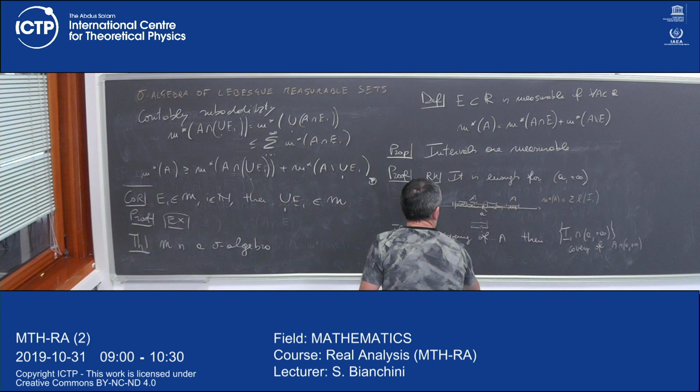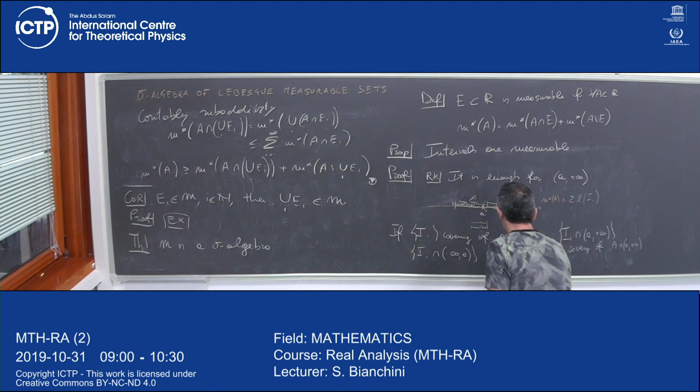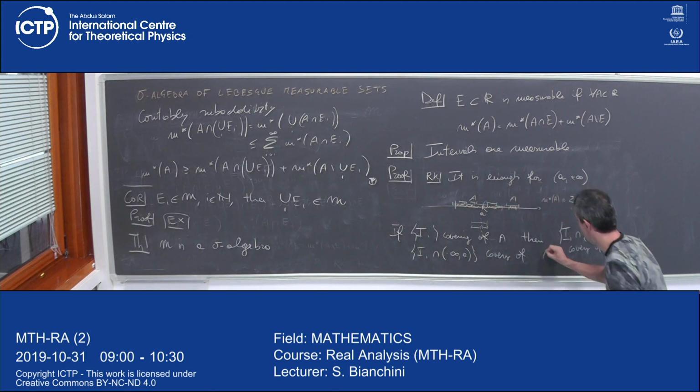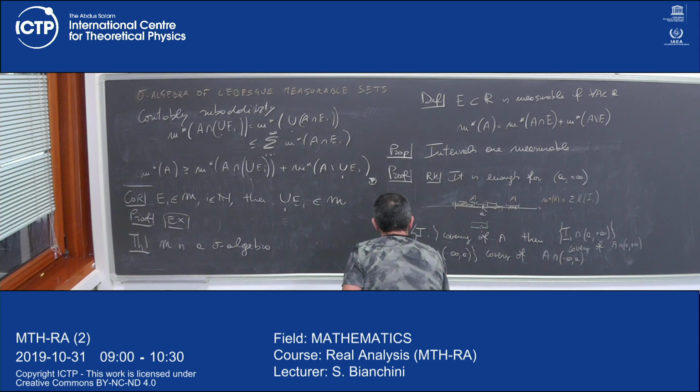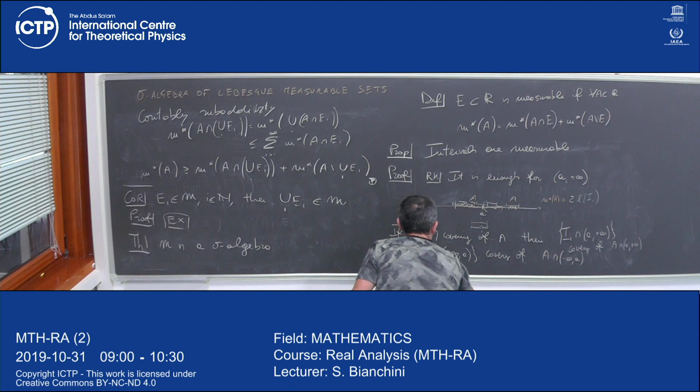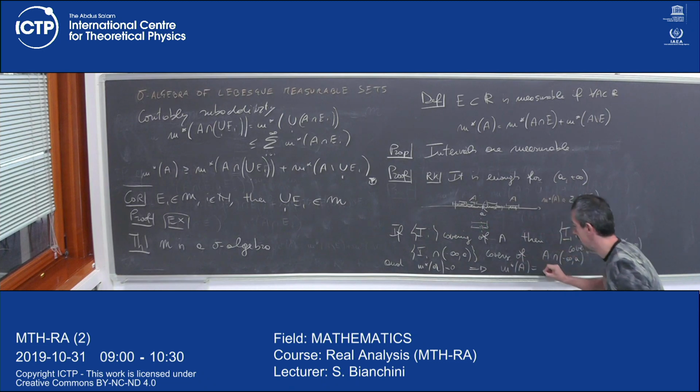I intersection (minus infinity, a) is a covering of A intersection (minus infinity, a). And so I get that. And {a} is measurable, and M star of {a} equal to 0 implies M star of A is equal to M star of A minus {a}. Okay, these are the 3 points, and then I just have to combine them.